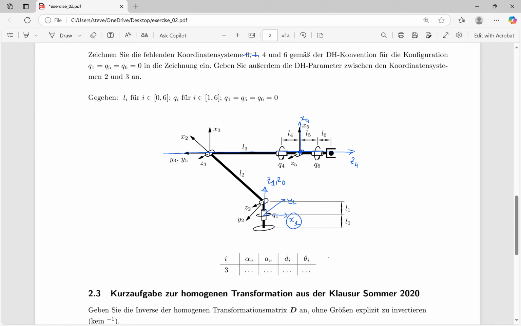The incorrect solution is to draw X4 to align with X3 right here. But that is wrong. Why? Well, you could very well suspect that whoever designs this would choose X3 to line up with X4 as much as possible.